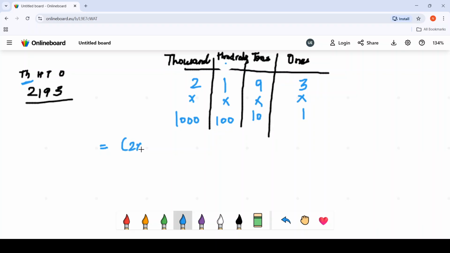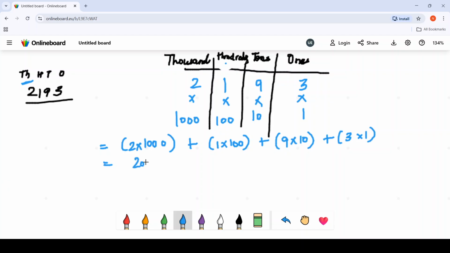Let's solve it further. 2 multiplied by 1000, 1 multiplied by 100, 9 multiplied by 10, and 3 multiplied by 1. And we will add them. So it becomes 2000 plus 100 plus 90 plus 3.